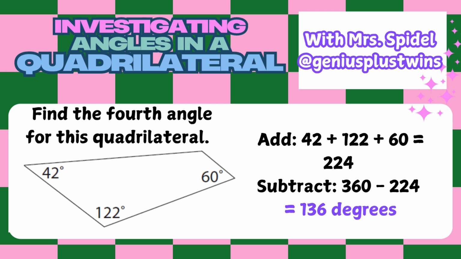Remember, you subtract from 360 because all 4 angles must equal 360 degrees. When you did that, I hope you got 136 degrees for your 4th angle, because that is the correct answer.